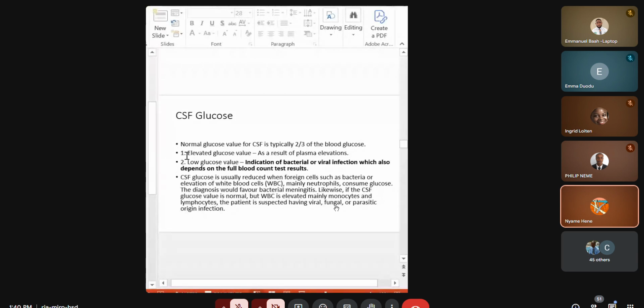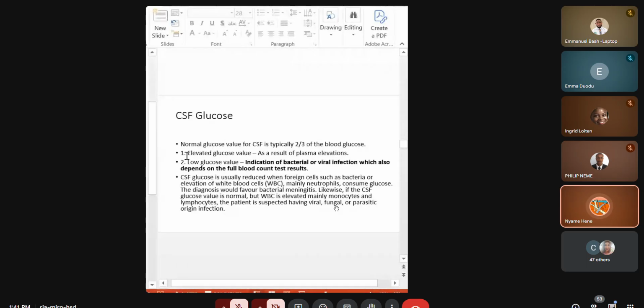Do you understand? So CSF glucose is usually reduced when foreign cells such as bacteria, or elevation of white cells, mainly neutrophils, consume glucose. The diagnosis would favor bacterial meningitis. Likewise, if the glucose value is normal, but WBC is elevated, mainly monocytes and lymphocytes, the patient is suspected of having a viral or parasitic infection.